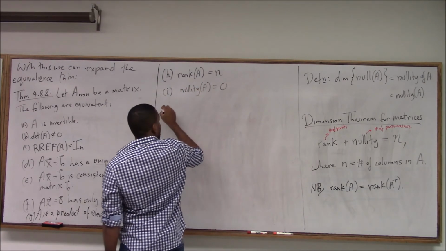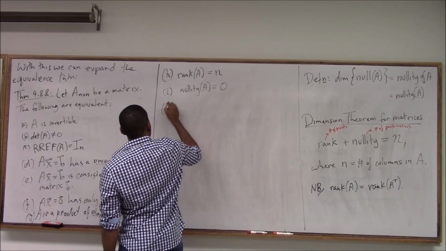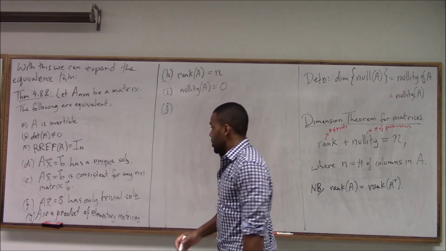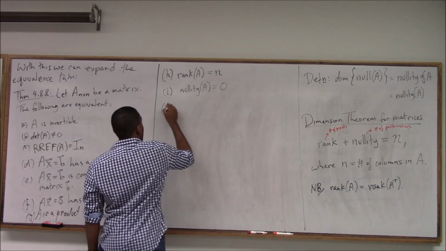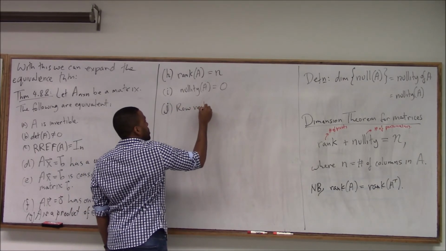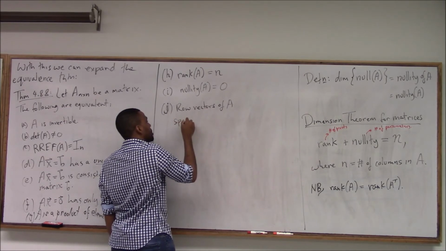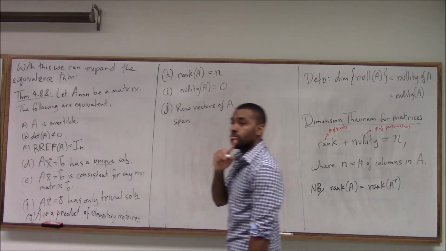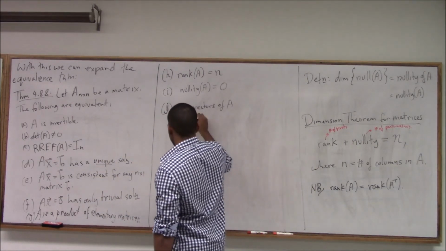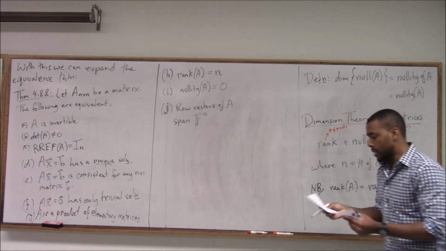Equal to 0. What can you tell me about I, J? The row vectors of A span the entire space, Rn or Fn, to be more general, which can work for real or complex numbers.